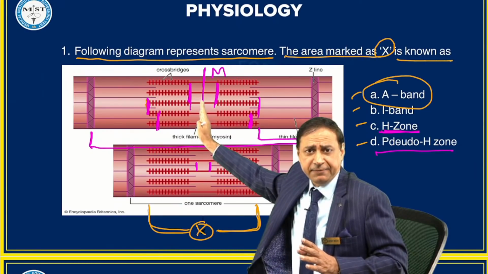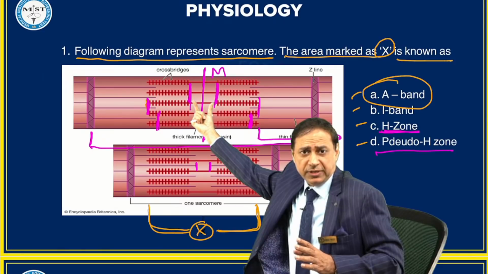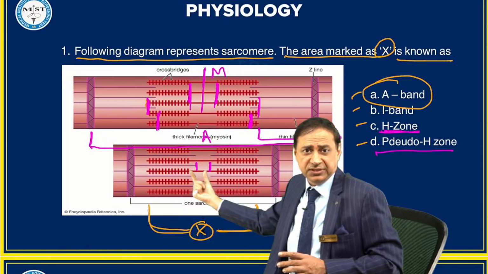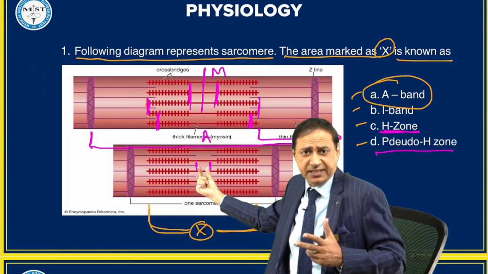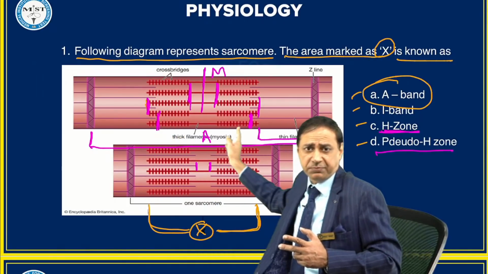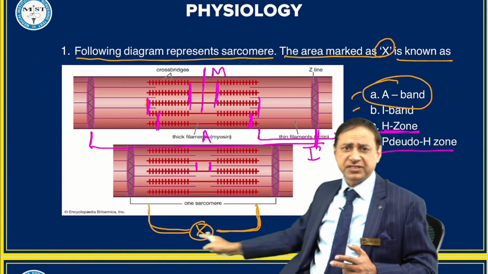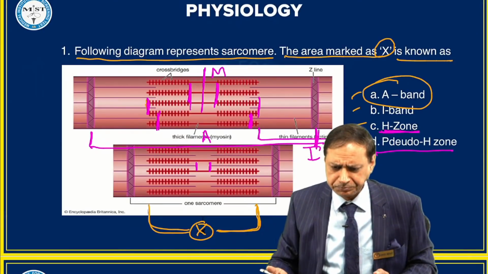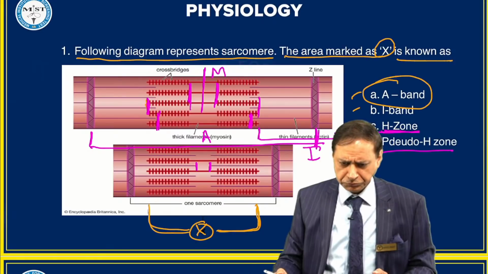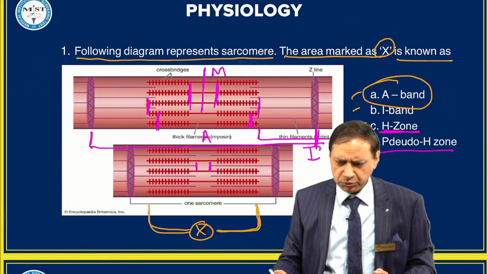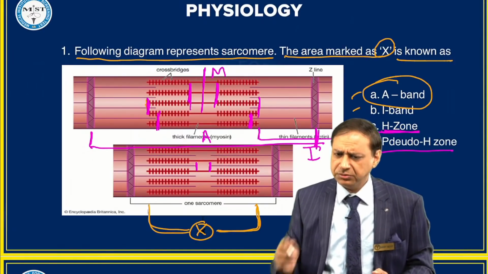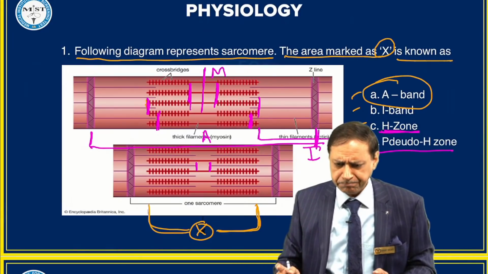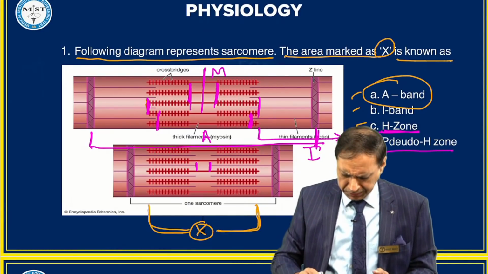This is M line, this is pseudo H, and this is H. H is variable. In this diagram, H is from here to here. And the question asked here is actually the A band. I think maximum students are able to answer. This is not H, this is A.